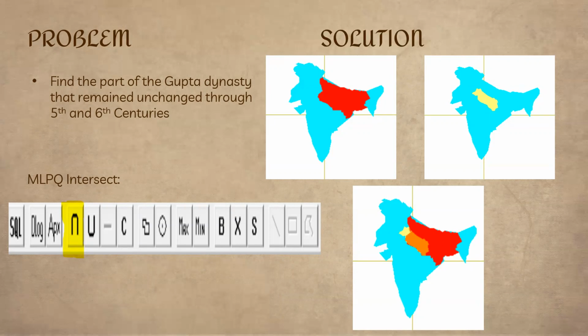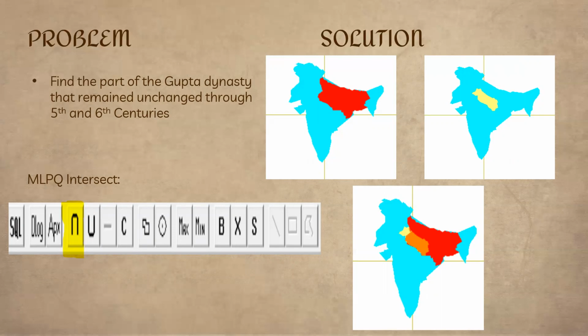In this instance, we are trying to find the area of the Gupta dynasty. Find the visual representation of the Gupta dynasty that remained unchanged through the fifth and sixth centuries. In order to do that, we have a very handy function present in MLPQ, which is MLPQ intersect.